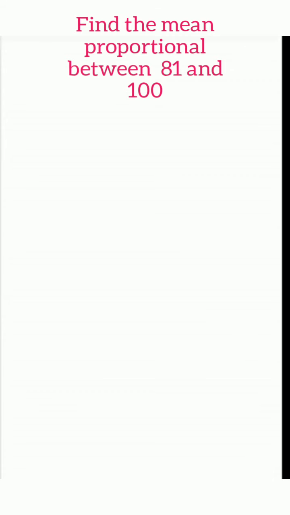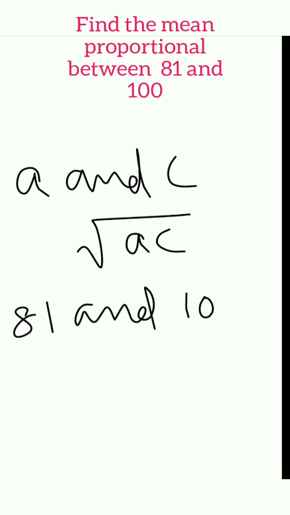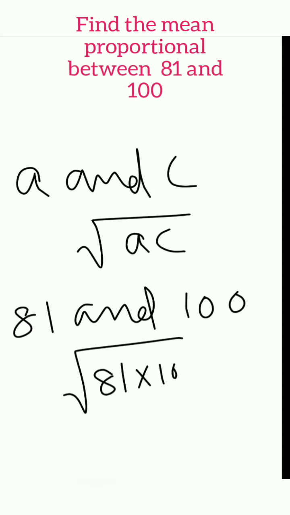Consider the question. Find the mean proportional between 81 and 100. We know that mean proportional between two numbers A and C is root of A into C.